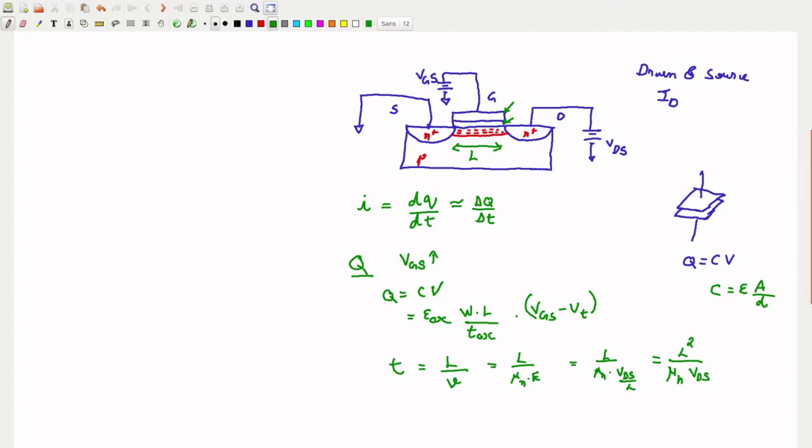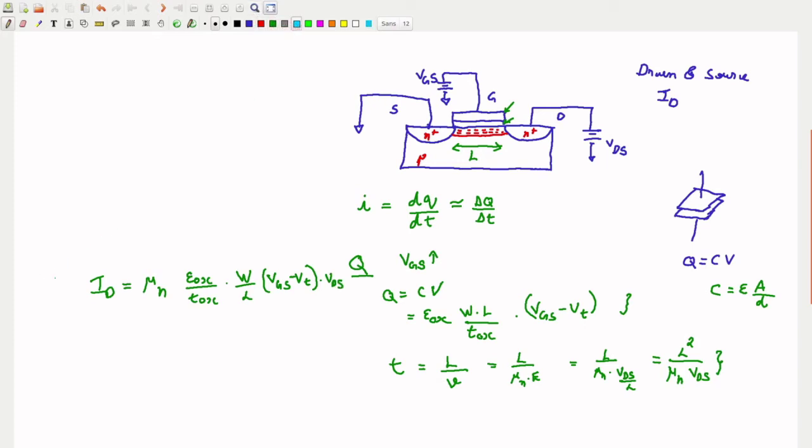Now, making use of these two expressions, we could write ID, which is equal to, just dividing this expression by that expression, we will get ID is equal to mu n, which is the mobility, epsilon OX by T OX, which is the permittivity of the oxide and thickness of oxide, into the width of the channel by length of the channel into VGS minus VT times VDS.